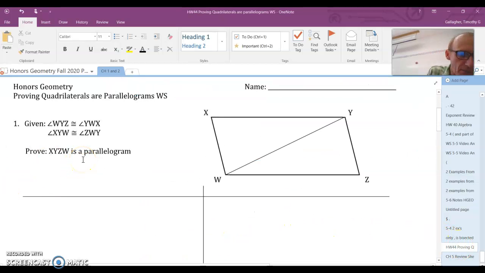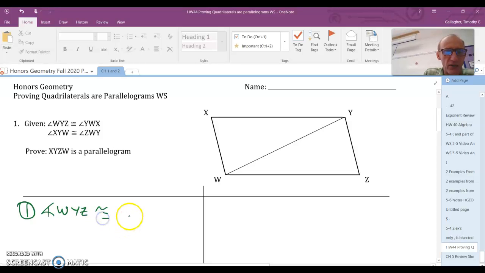So the first step in this proof would be to write down the givens, write down one given and then look at it. So angle WYZ is congruent to angle YWX. All right, so what does that look like?